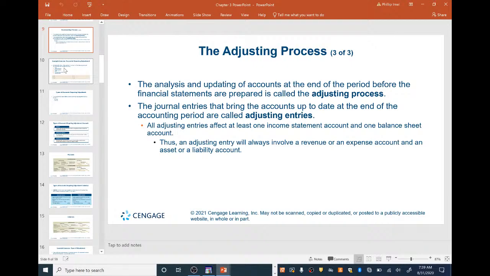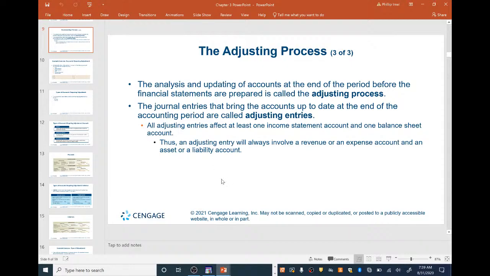It's important to note that all adjusting entries affect at least one income statement account and one balance sheet account. So an adjusting entry will always involve a revenue or an expense account, which is an income statement account. Remember, revenues and expenses are measured on the income statement, and an asset or liability account. Assets or liabilities are balance sheet accounts.